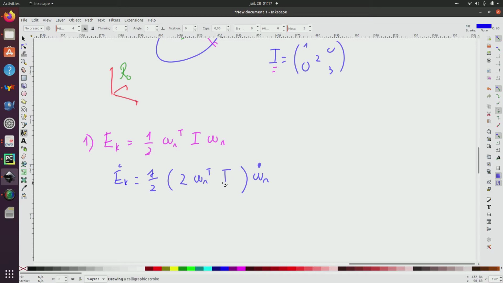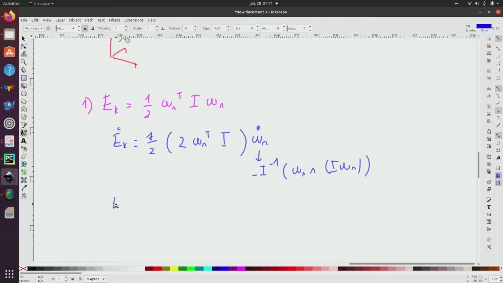Now in this situation, I have some simplification. I will apply the Euler formula, which gives me that it's given by minus I inverse, as I already said, I omega r, like this.